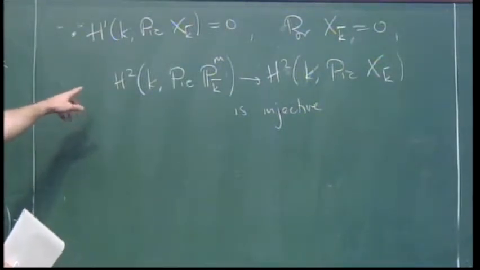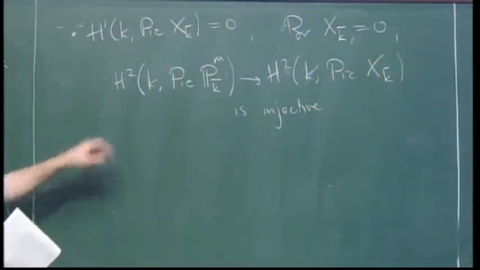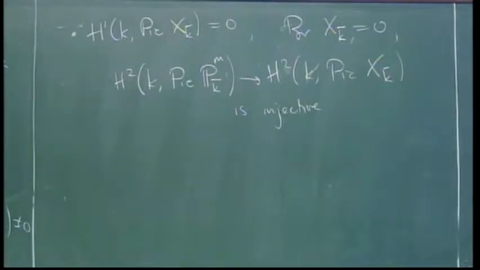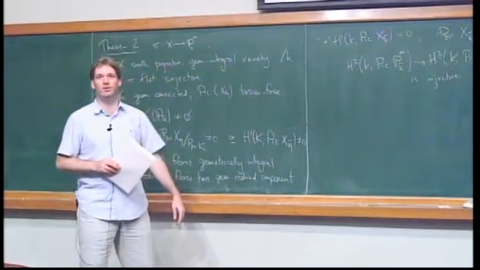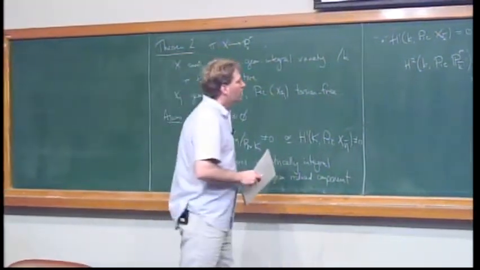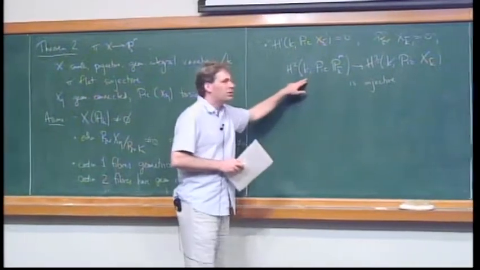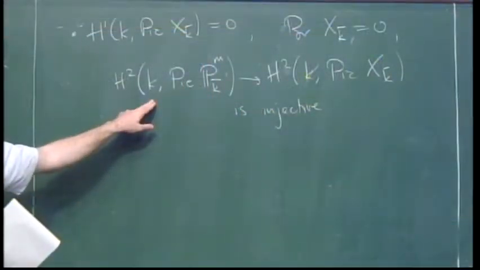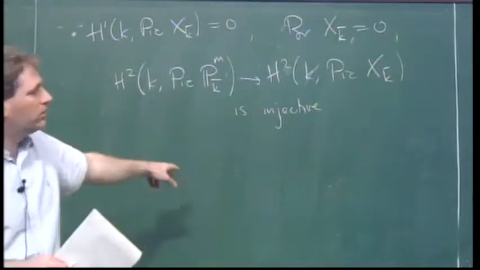This is necessary because if this map has a kernel, then we end up with elements of H1 little k in the Picard group of the generic fiber, which we don't want, because the conclusion is not going to be true for those. So this looks a bit weird, and it's definitely necessary, but it's actually not too bad at all.